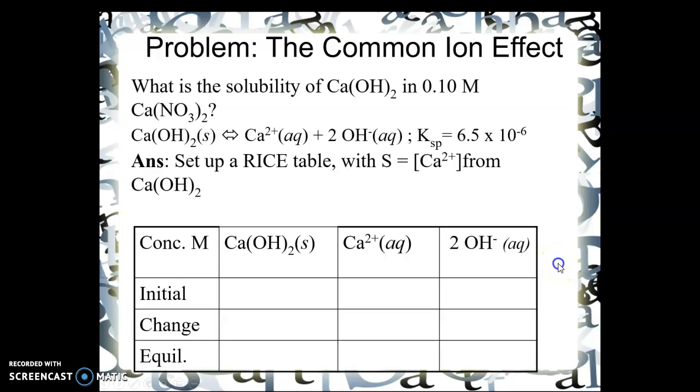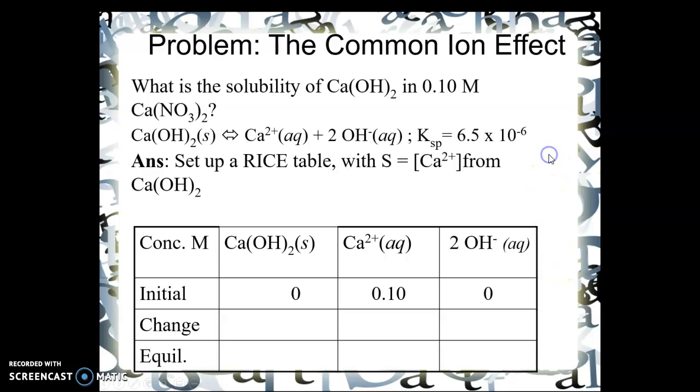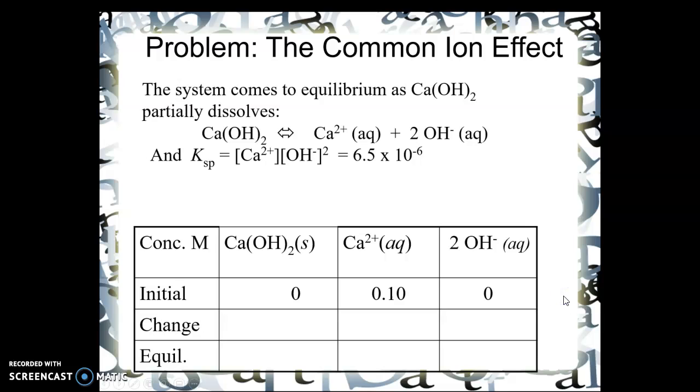So here's our ICE table. We start off with no calcium hydroxide solid. We've got some, but it's a 0 concentration because it's meaningless. The calcium's 0.1 and the hydroxide is 0. Now, the system comes to new equilibrium as we get a little bit of the calcium hydroxide to dissolve, but the Ksp has to be the same.